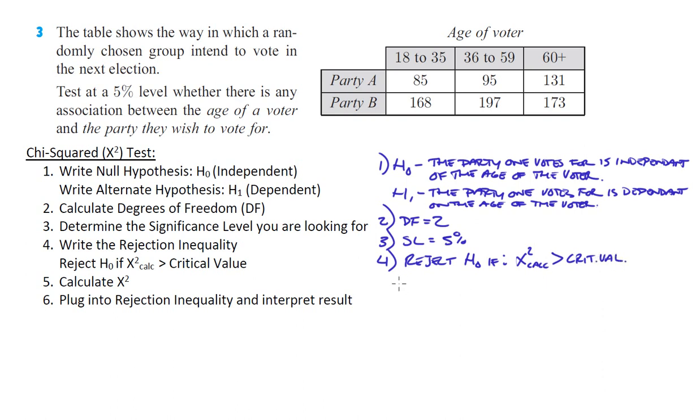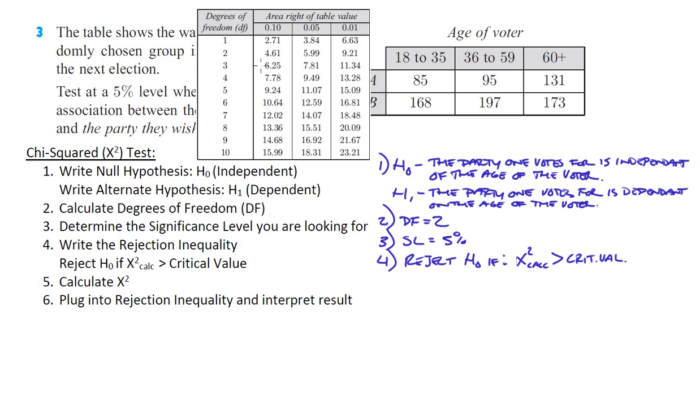Okay, so now we'll want to figure out what both of those are. Let's figure out our critical value by looking at our table. Here's our table. Our degrees of freedom is 2, and our significance level is 5%. So here's our critical value, 5.99.